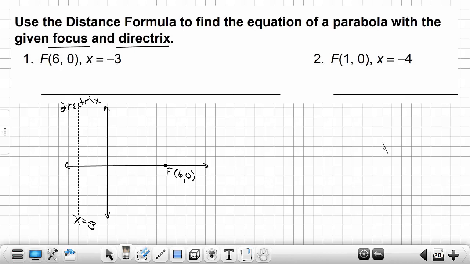No, because I could have the focus at (3, 8) and I have no idea. I have to have two pieces of information. The directrix blocks it; it tells you which way it's got to go.